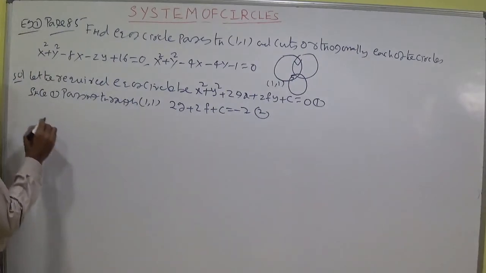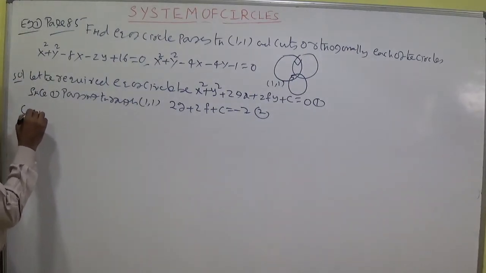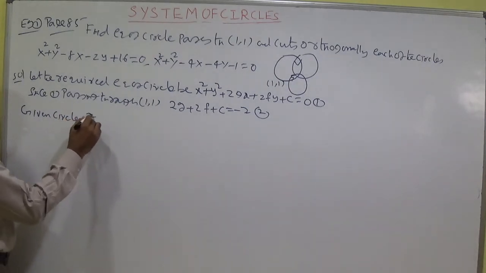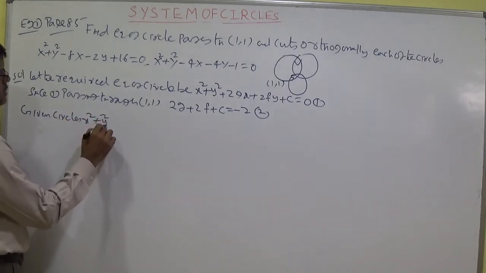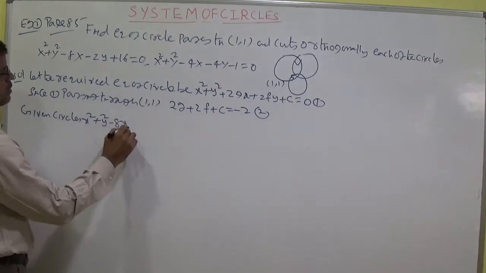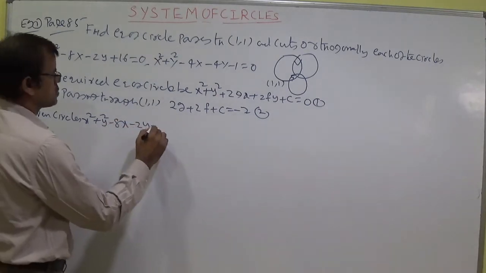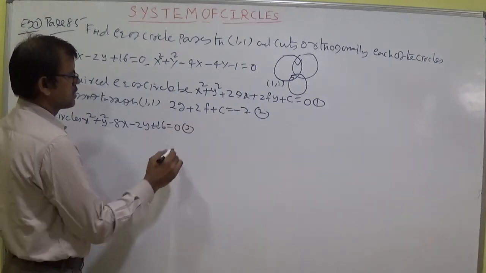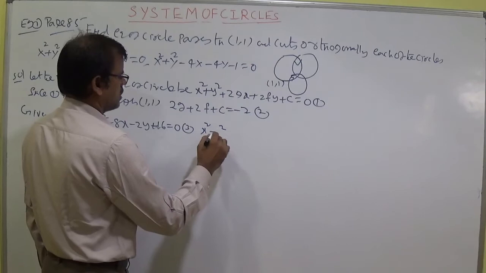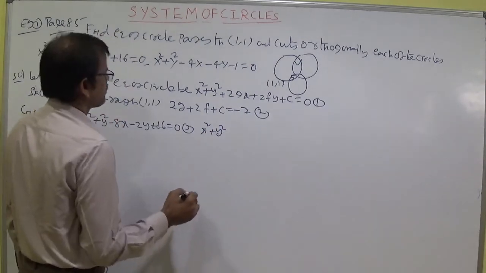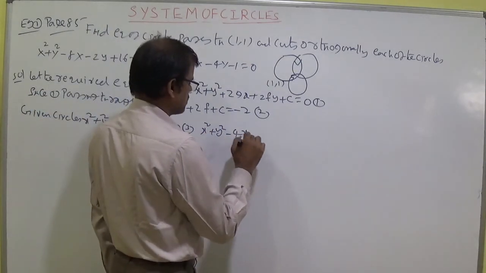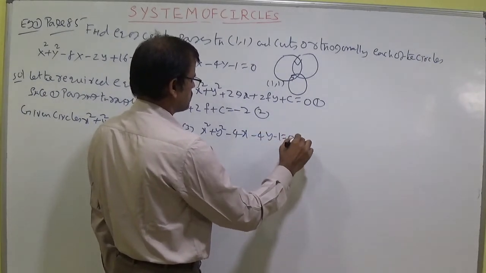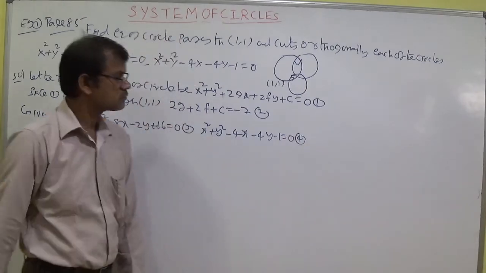And given circles, let us write the given circles. x square plus y square minus 8x minus 2y plus 16 equal to 0. This is the third equation. And x square plus y square minus 4x minus 4y minus 1 equal to 0. This is the fourth equation.